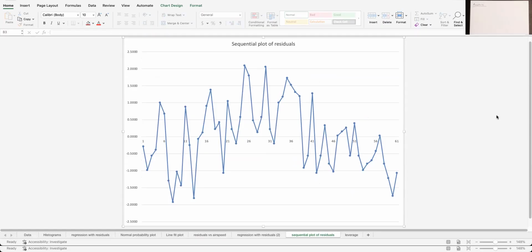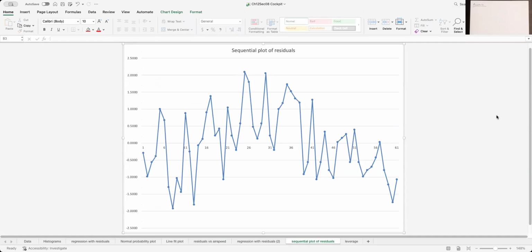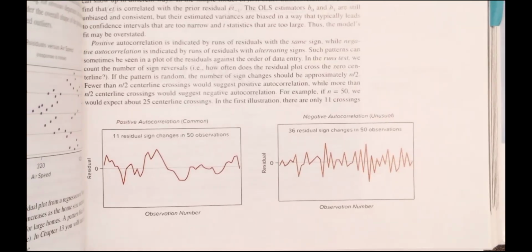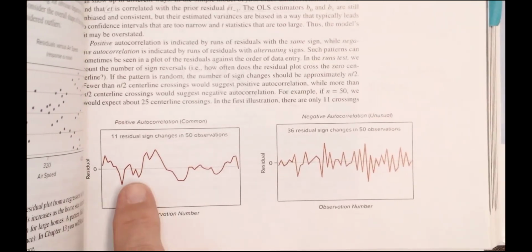If there was some sort of pattern to the switching between positive and negative residuals, we'd call that an autocorrelated error. A simple autocorrelation is something in which we see this flipping back and forth in sign frequently. Bottom of page 489.